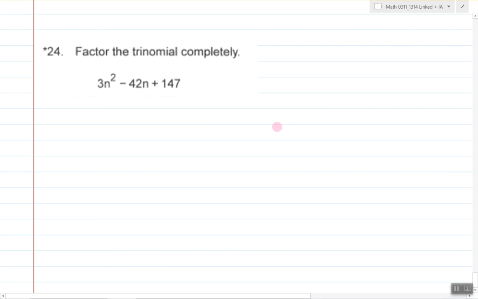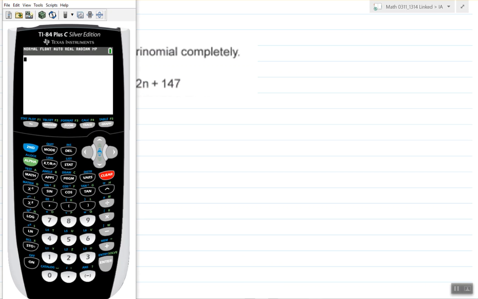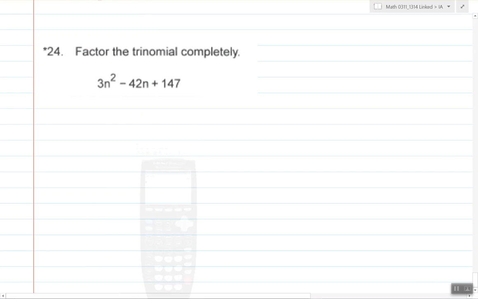It says factor the trinomial completely. 3, I believe it goes into 42, and check it with the calculator. 147 divided by 3, 49 times. Okay.